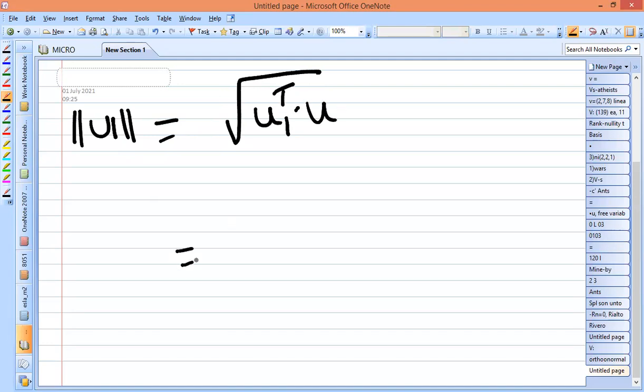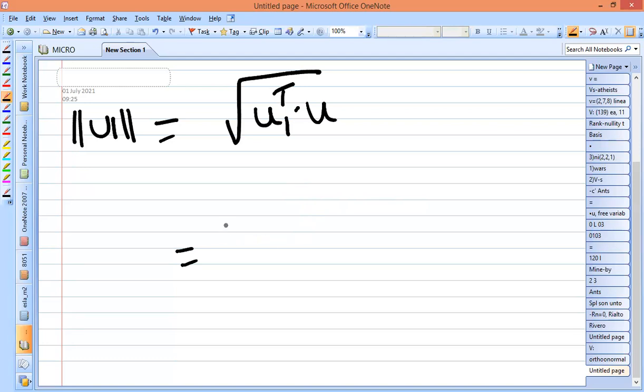Can you do this calculation? Now get the length of the orthonormal set U1 using the formula square root of U1 transpose U1.